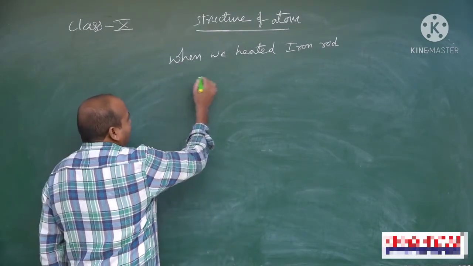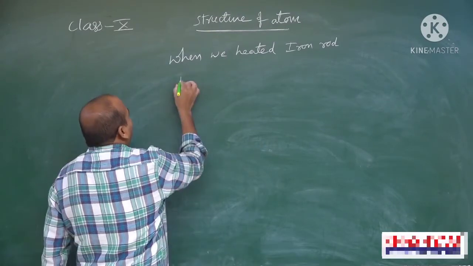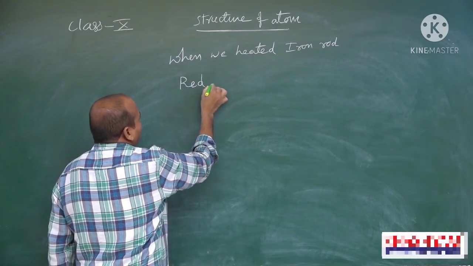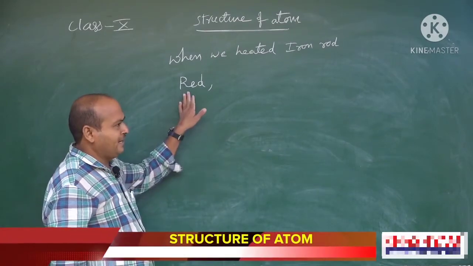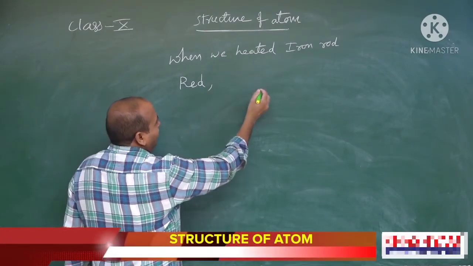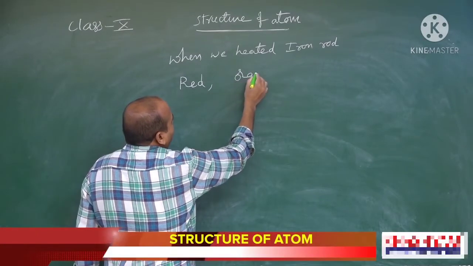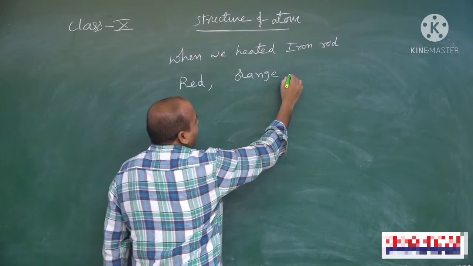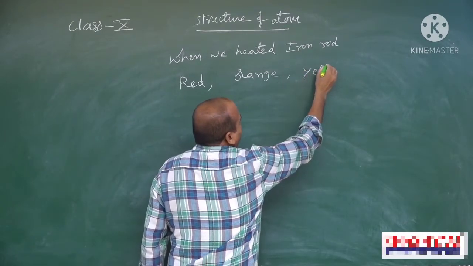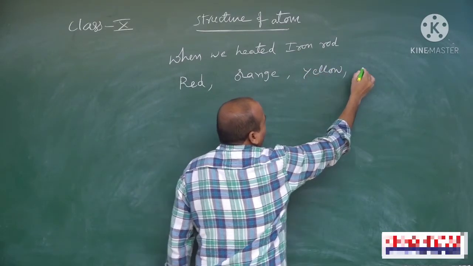First we observe a red color, then orange, then yellow, and blue.